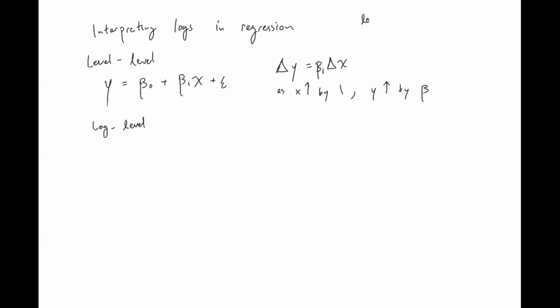So anytime I'm saying log, we're talking about ln, not base 10 log. So ln of y is equal to beta naught plus beta 1 x plus epsilon.